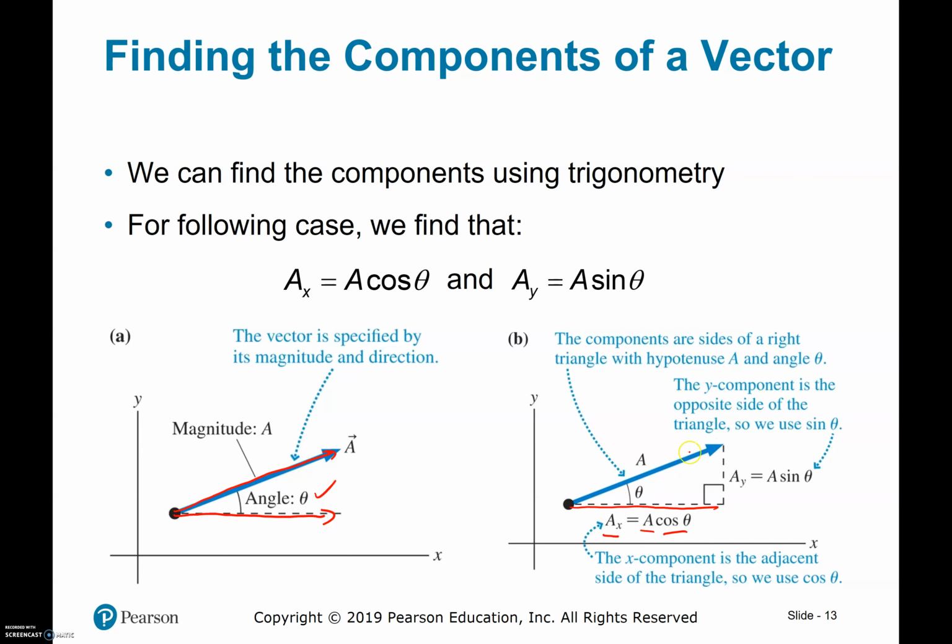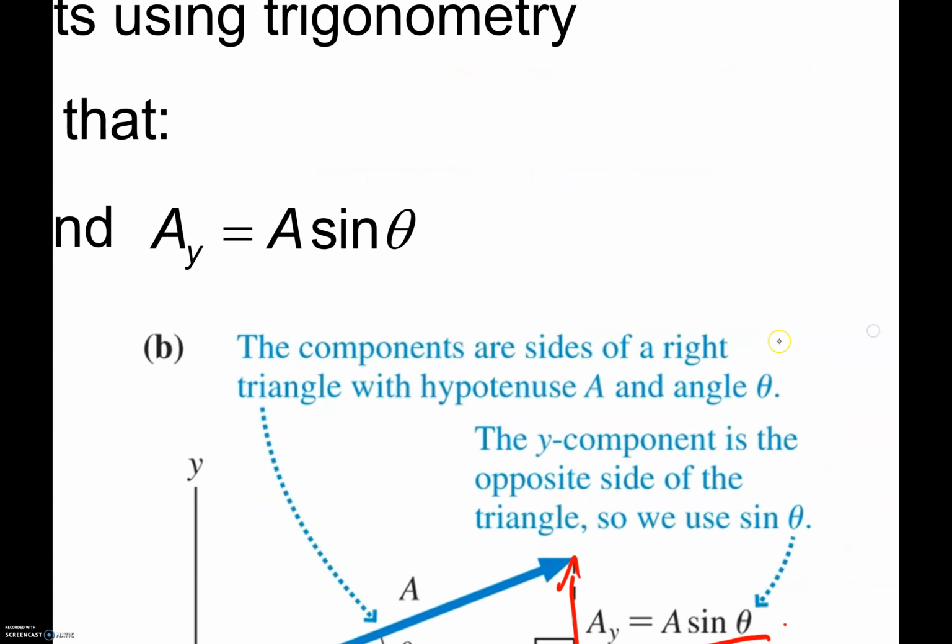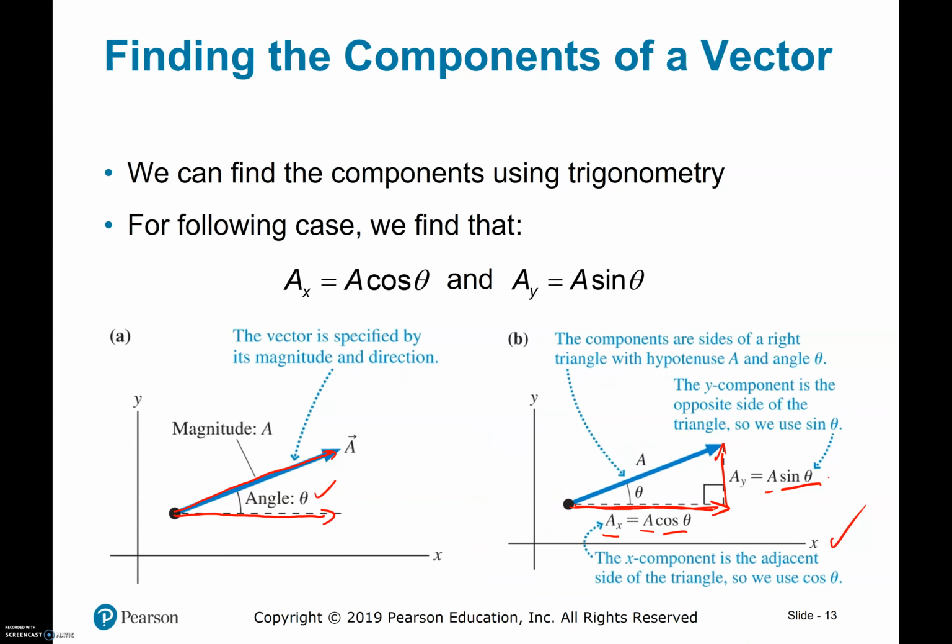That's the component along the x-axis, and the component along the y-axis would be A sine theta, so that's the component here. So here you would have this vector AX, here you would have this vector AY, and the magnitudes of these two vectors are given by these trigonometry relationships.